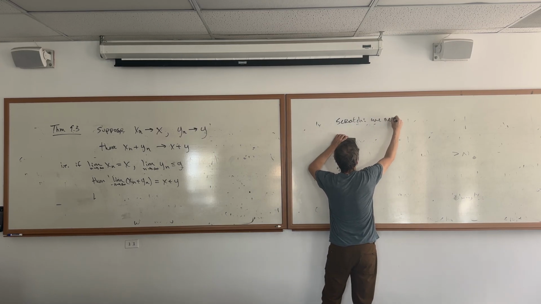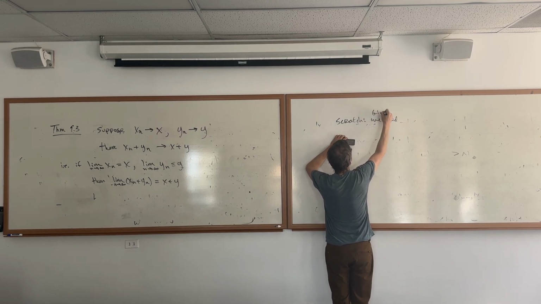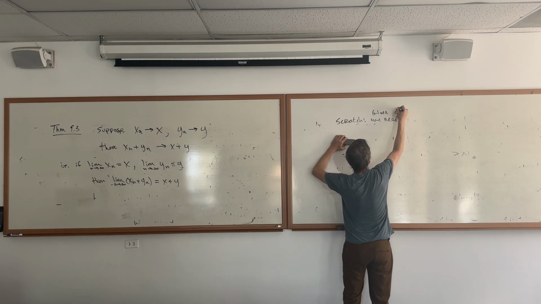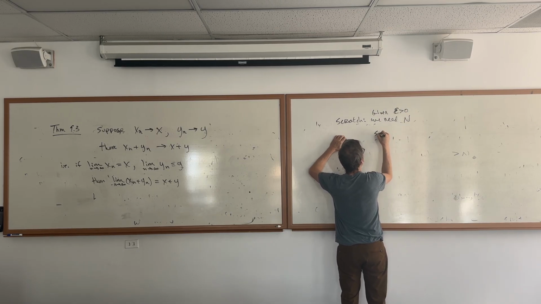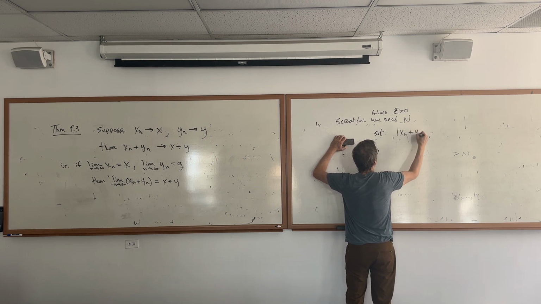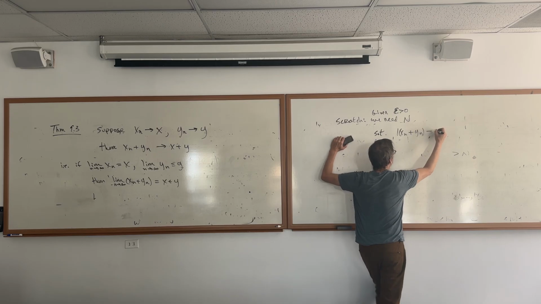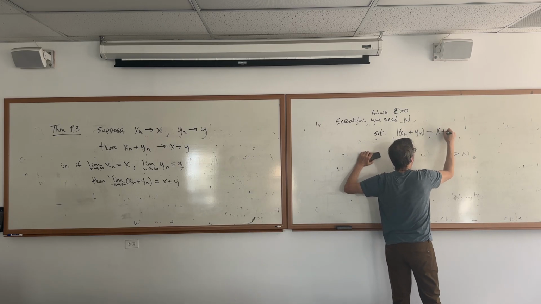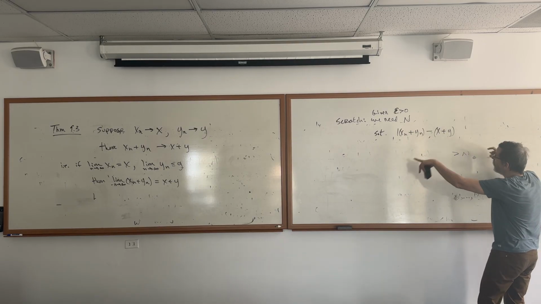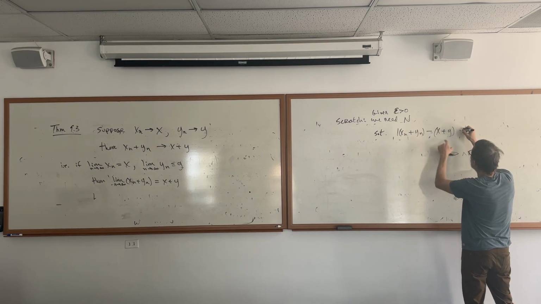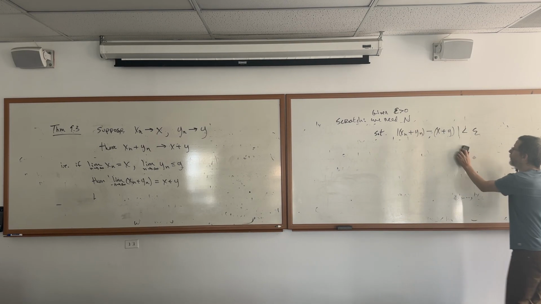Given some epsilon that's positive, we need some single n so that x sub n plus y sub n minus x plus y, so this is the sequence, this is the result that I want, here's the limit, is less than epsilon.